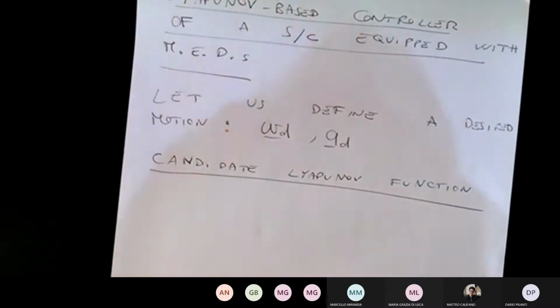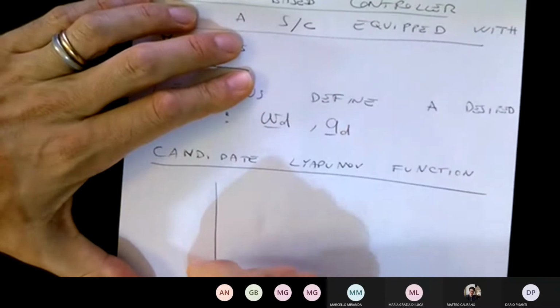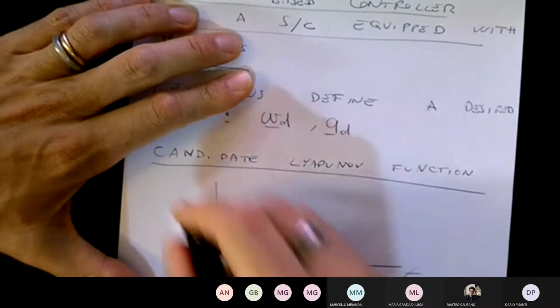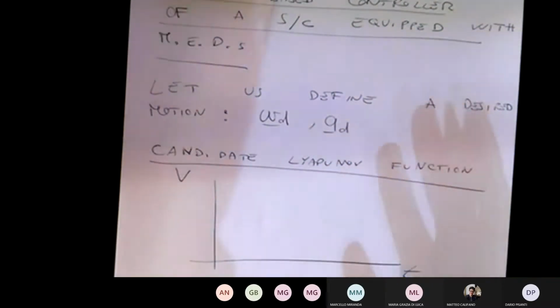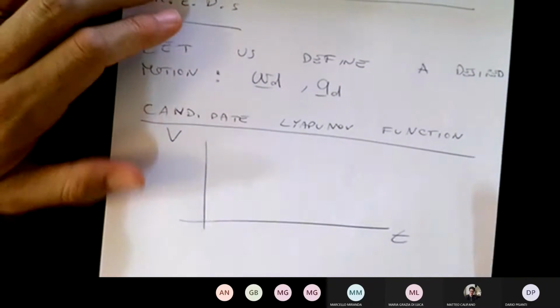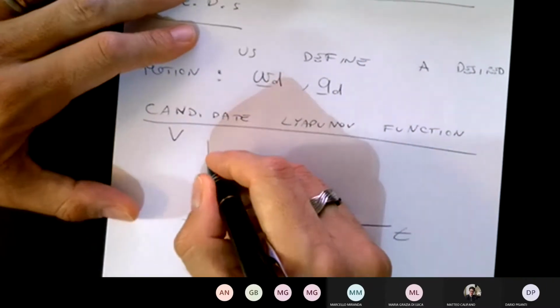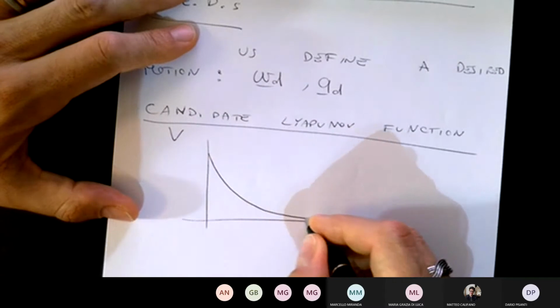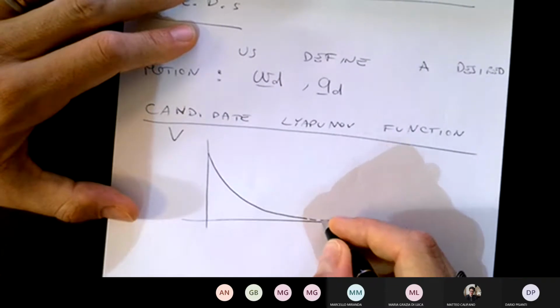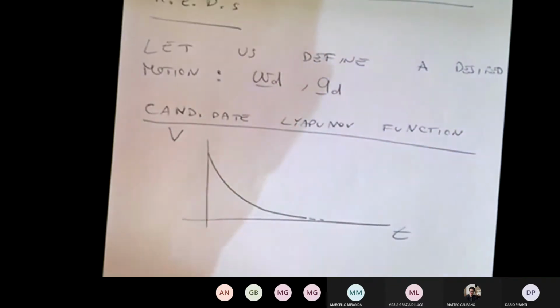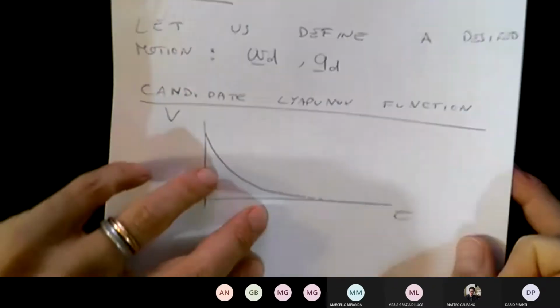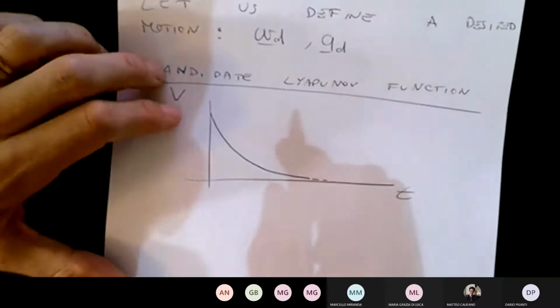In other words, you're building a function that over time, this is your V function, represents in a sense the error of your system in tracking whatever it is that it's tracking, and you want this function to go down asymptotically to 0. That's really the goal of Lyapunov control in a nutshell, very high level.